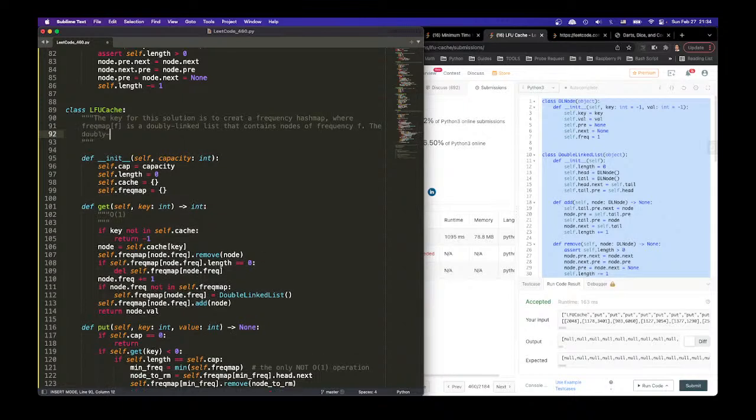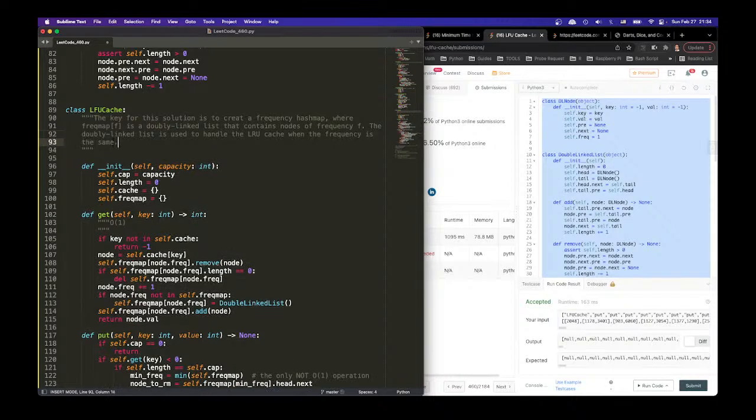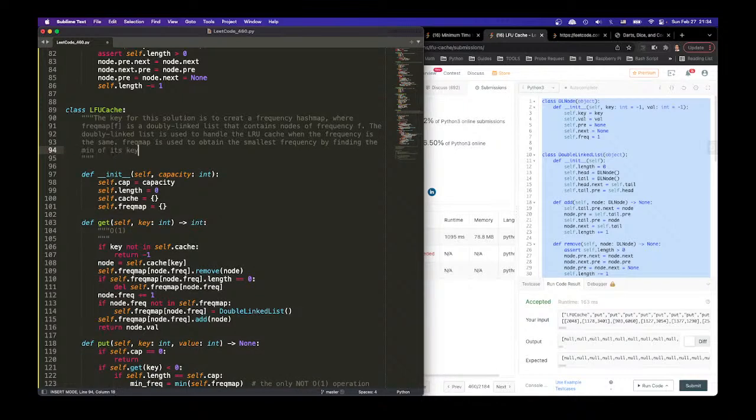The doubly linked list is used to handle the LRU cache when the frequency is the same, and the freq map is used to obtain the smallest frequency by finding the min of its keys, right? Finding the min of its keys.